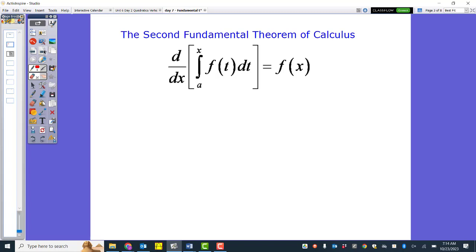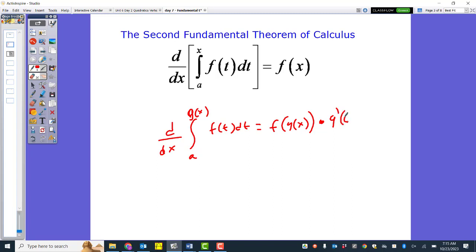But it's not just that. If you do the derivative of an integral with a function that you're plugging in, let's call this g of x, f of t dt. Well, that will plug in g of x, but it also multiplies by the derivative of g of x because of the chain rule if you were to go through the full process.